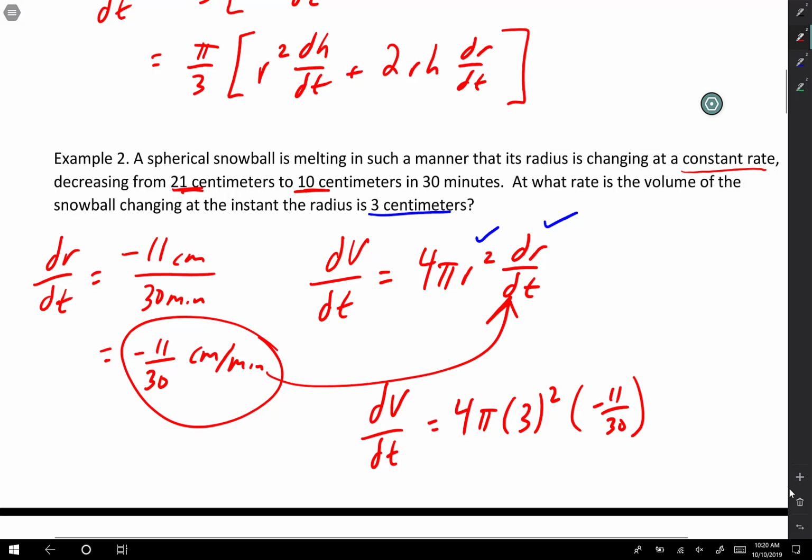All right, so let's see. 4 times 9 times 11 over 30. I'm going to leave it in terms of pi, guys. I'm just going to turn it to a negative there.